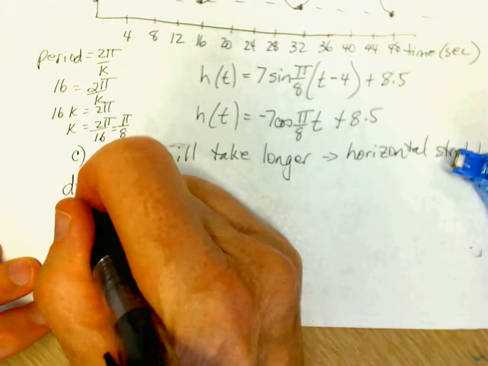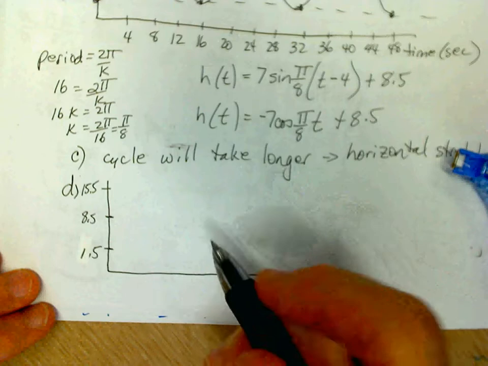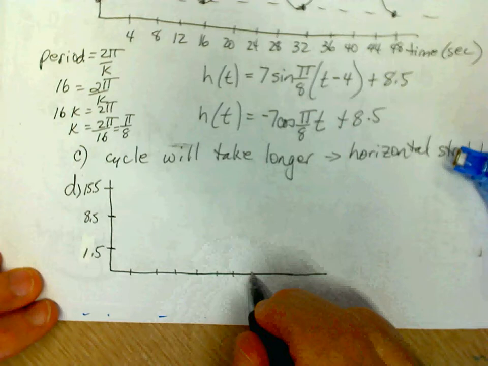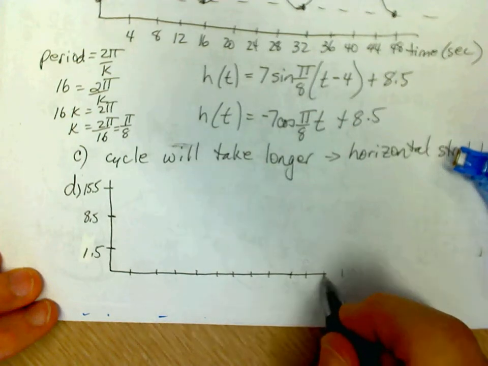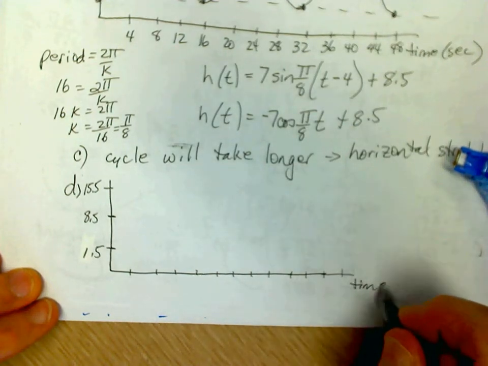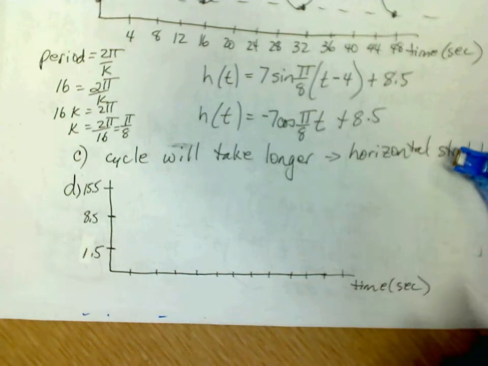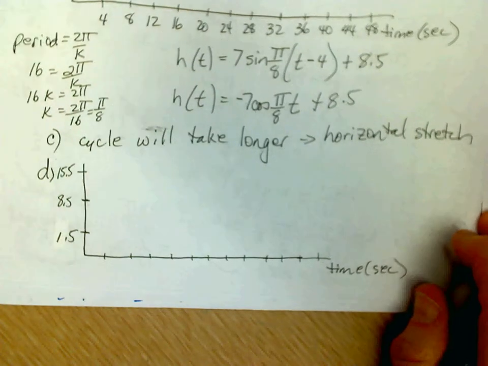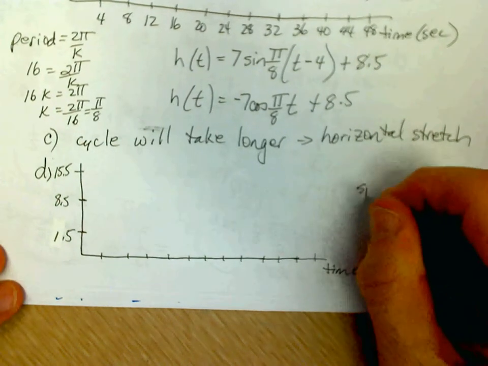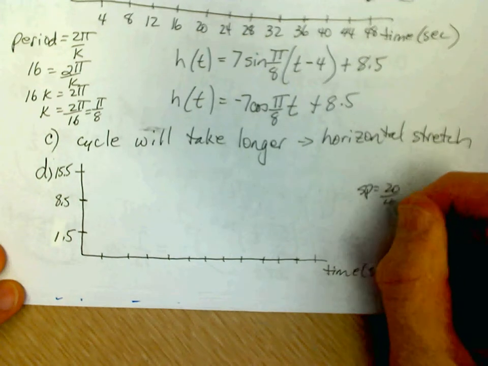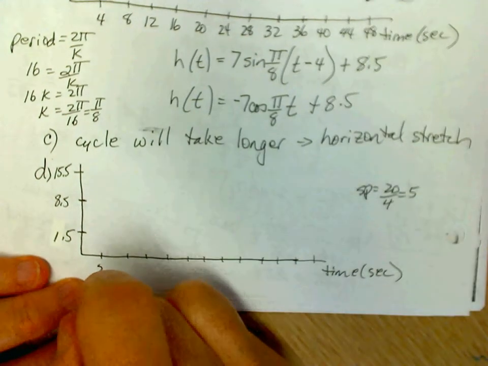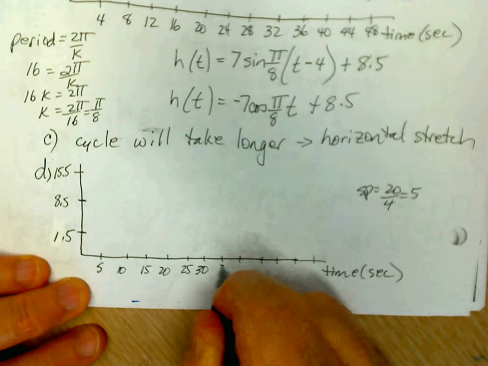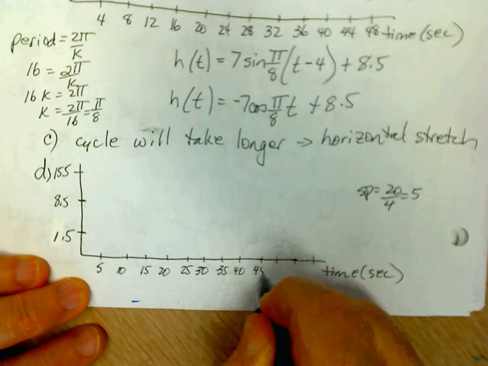1, 2, 3, 4, for each of the 3 cycles. So this is time in seconds. We have to calculate our special points, 20 over 4, and that equals 5. So this is going to be 5, 10, 15, 20, 25, 30, 35, 40, 45, 50, 55, 60. Just draw some grid lines.